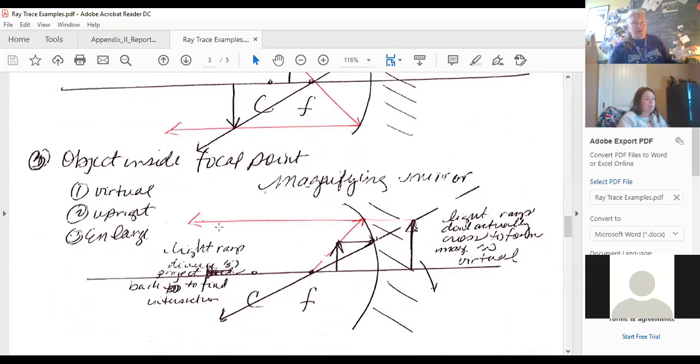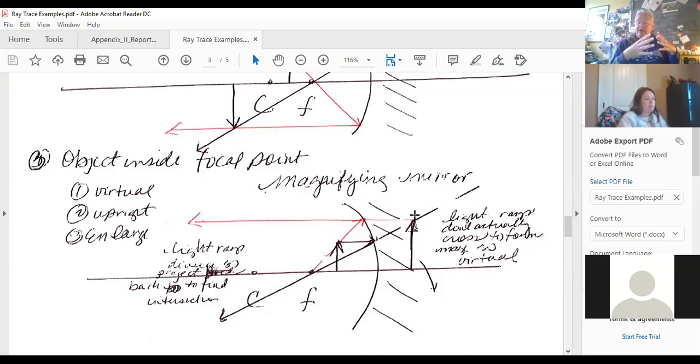Well, again, they don't really cross, so my brain projects those outgoing rays back, and they look like they cross here. Now we know the light's not really back there, so that's a virtual upright enlarged image. That is a magnifying mirror, like a makeup mirror or a shaving mirror.